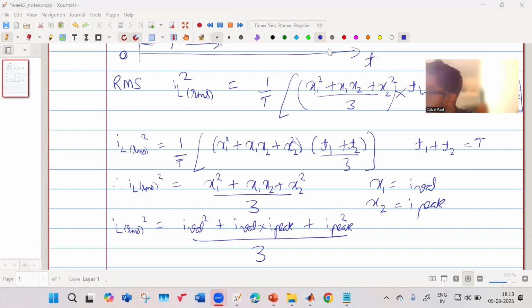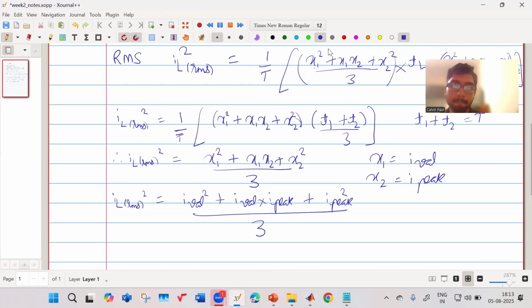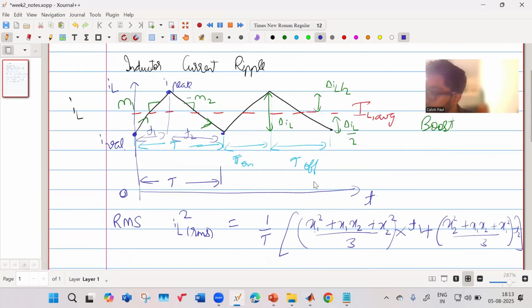So now, what is your I valley? Let us go over here. Your I valley is actually your IL average minus delta IL by 2, and your I peak is IL average plus delta IL by 2.